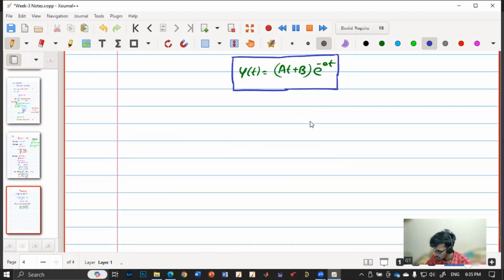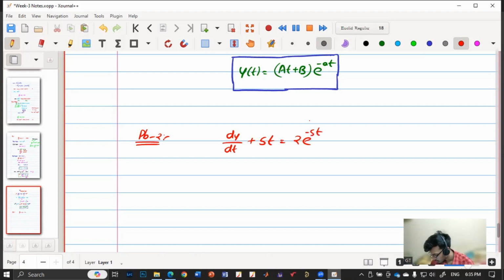Okay. So let me take a quick problem 2. I have given dy by dt plus 5y is equal to 2 into e to the power minus 5t, and I have also given y of 0 is equal to 3.